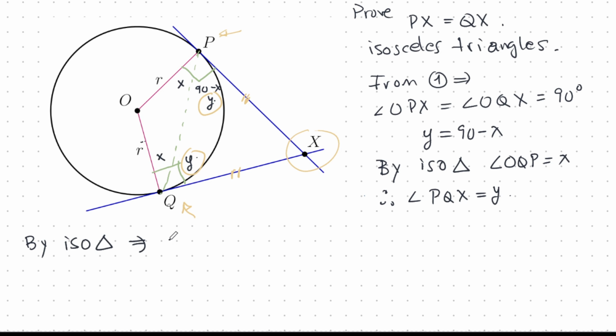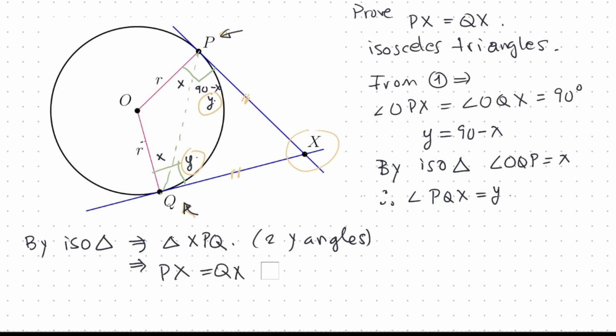Triangle XPQ, this triangle here from X to P to Q, is isosceles, because the two angles here are equal, two Y angles. And so therefore, the two sides are equal. PX equals QX. Well, I don't know what they're equal to, but they're equal by the isosceles triangle theorem.